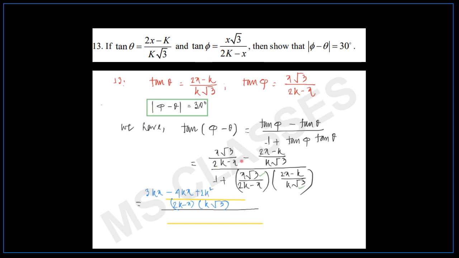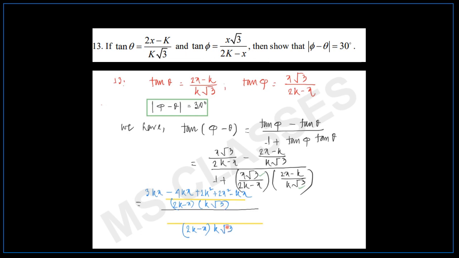Okay, next minus into this one, so plus 2x square. Next, because this is minus 2, is minus 2. Now minus into minus plus into minus minus, so minus x minus k. Now the denominator, if we don't cancel it out, that will be better because you can cancel out the denominators very easily. So don't cancel it out. You keep it as (2k minus x) into k root 3. No need of cancellation, so that we can cancel out these two denominators easily.